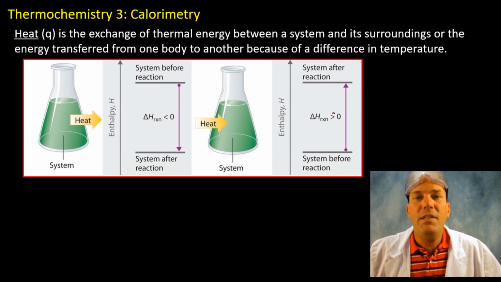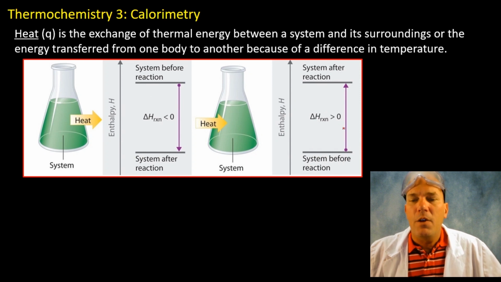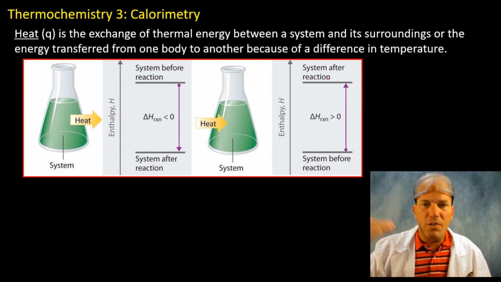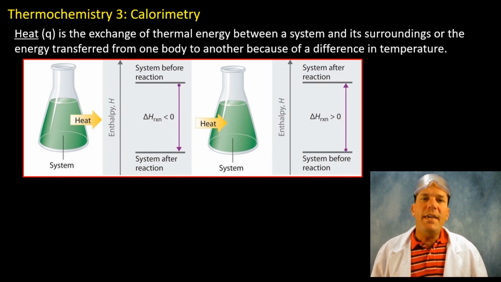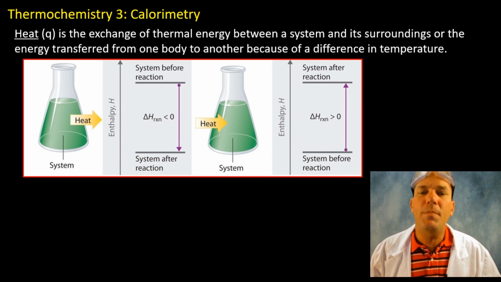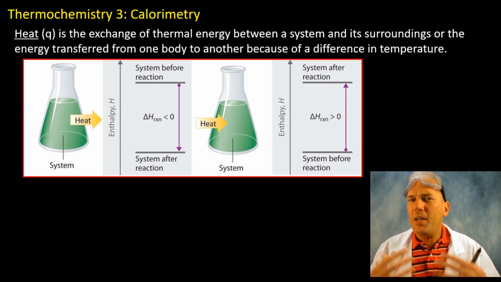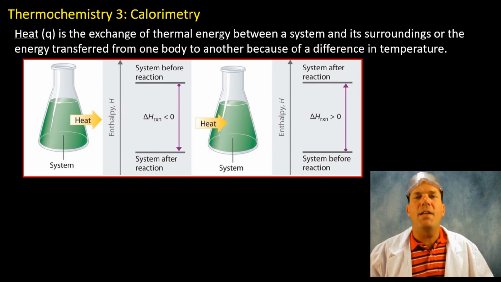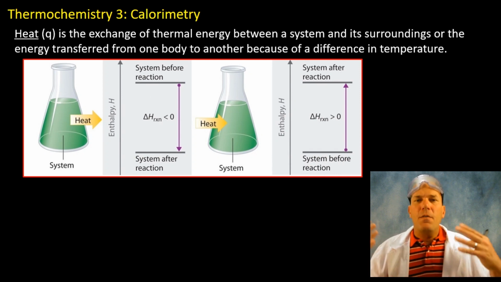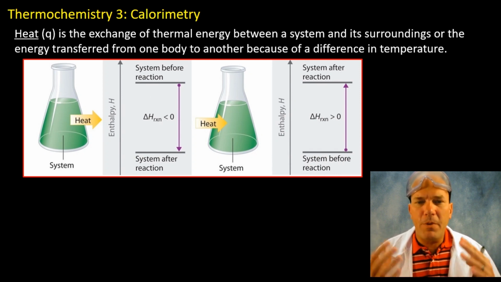So we have a positive enthalpy value. We see the system before is low energy, and after it is at a higher energy level. So heat energy was absorbed, and that is indicated thermochemically in an equation as a reactant for an endothermic reaction.